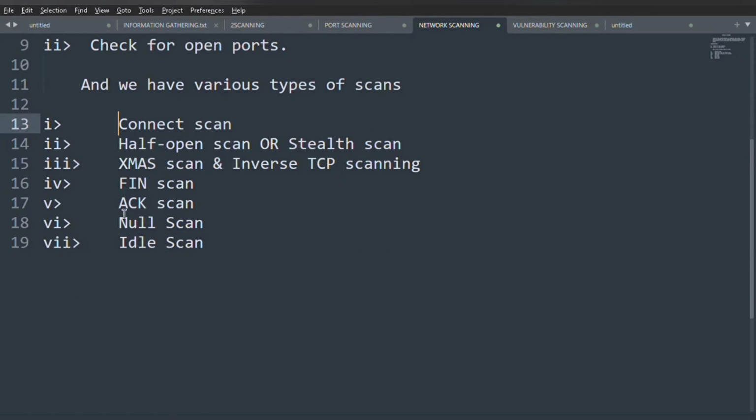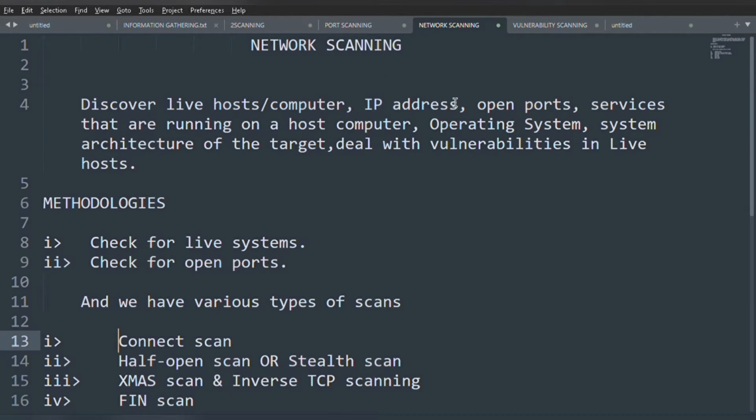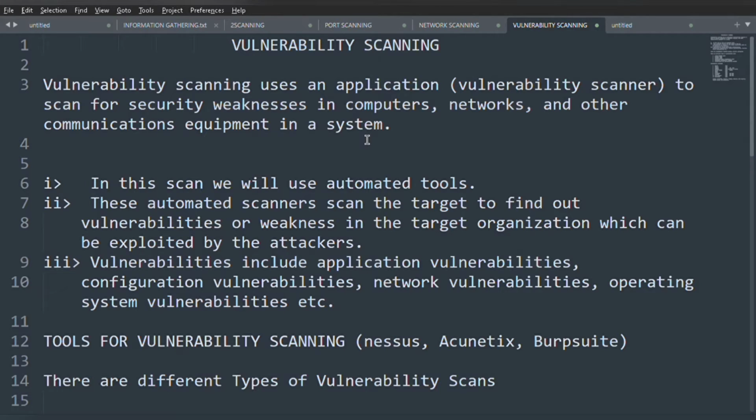Next, coming to vulnerability scanning. Vulnerability scanning uses an application, a vulnerability scanner, to scan for security weaknesses in computers, networks, and other communications equipment in a system. In this scan, we use automated tools.